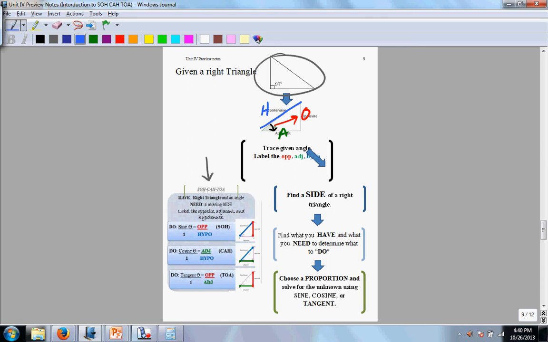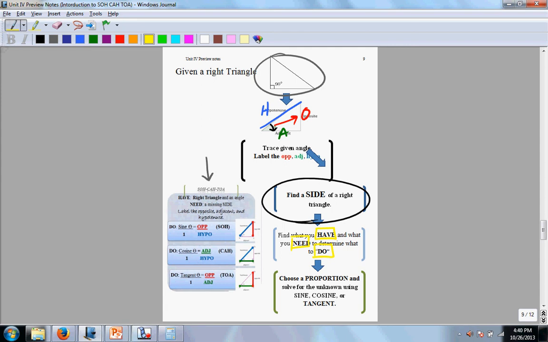Now I'm going to show you how to use this technique to find a side of a right triangle. We're going to be using a technique called have, need, do. It says, find out what you have and what you need, then determine what you do. Say that out loud. Have, need, do. Again, say it out loud.